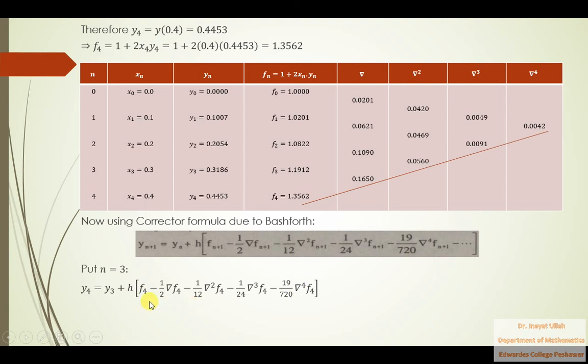Now all these values are from here up to there.